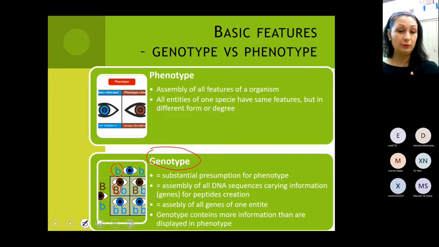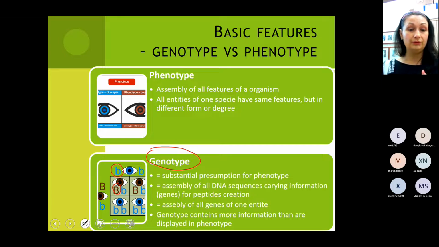You may have blue eyes only if you inherit the recessive allele for blue eyes from both parents. This is just the example for the Punnett square.